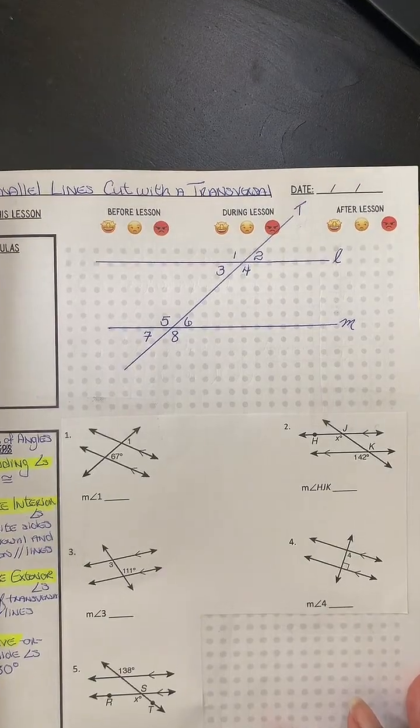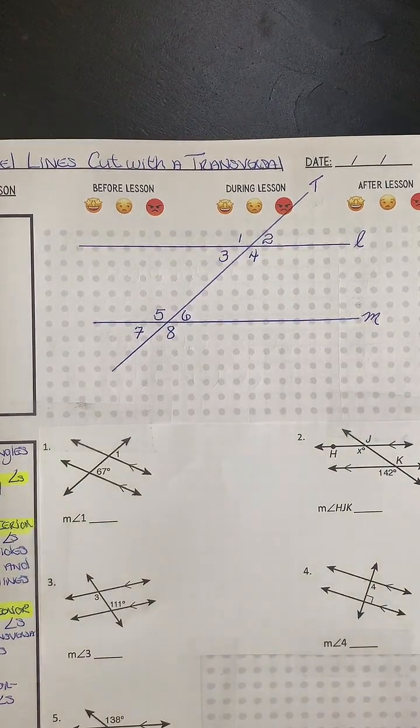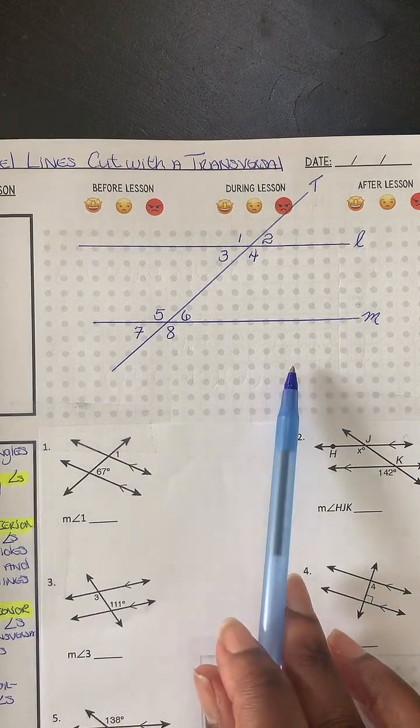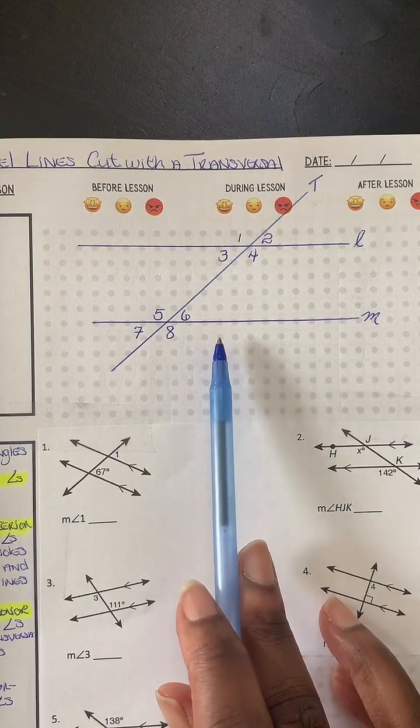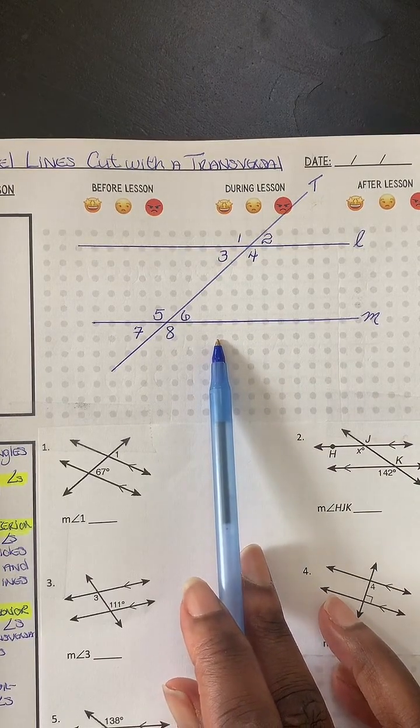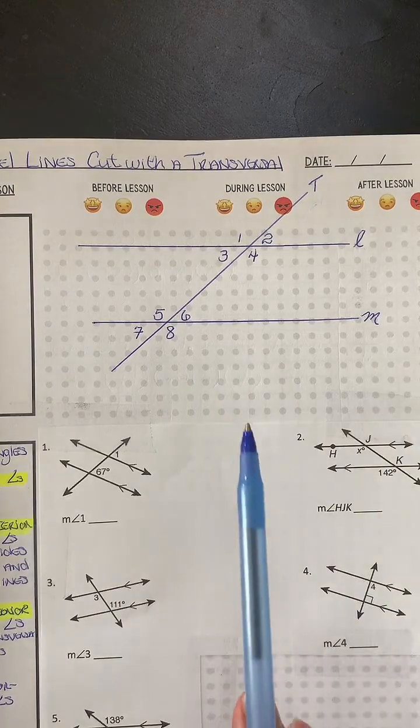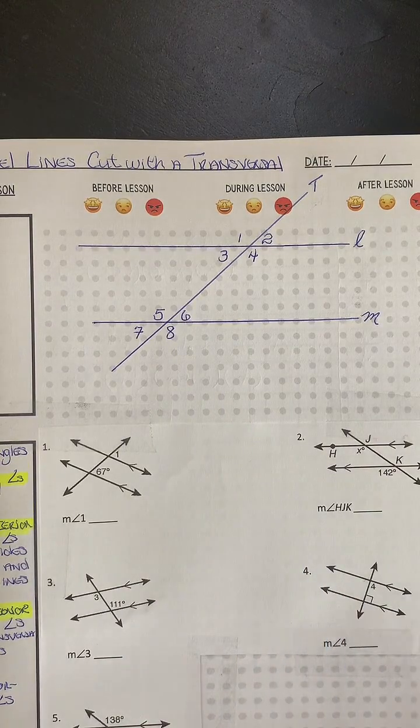So let me zoom in just a little bit, and now I'm going to have you guys take a screenshot. So this might be super easy, but we are going to be adding a little bit of algebra to this so we can get some practice with solving equations. With this transversal, it's creating basically 4 different types of angles.